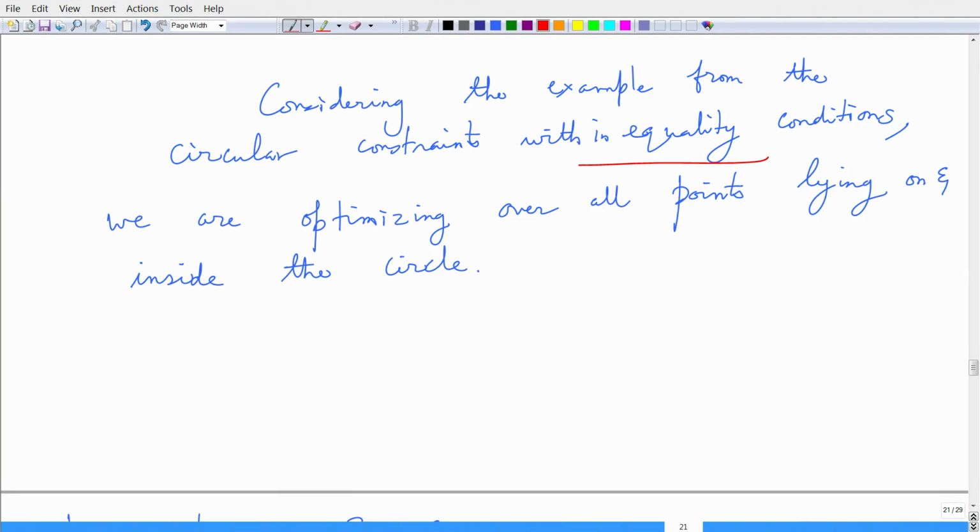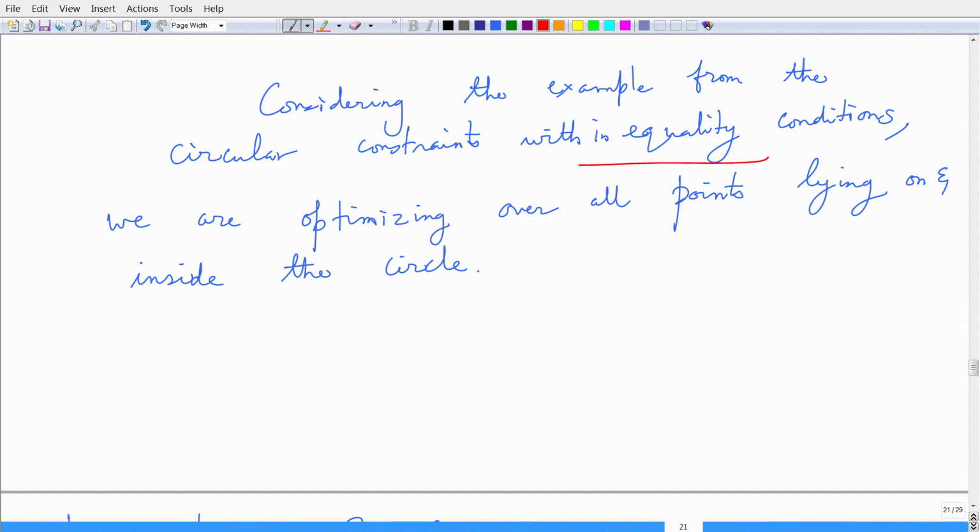Considering the example from the circular constraints, the inequality conditions can imply that we are optimizing over points that are lying inside or outside the circle, right.